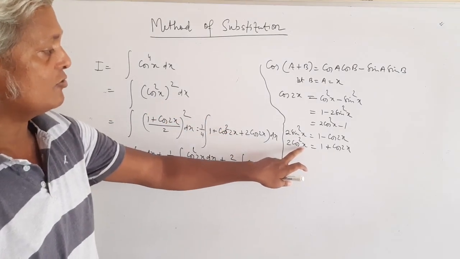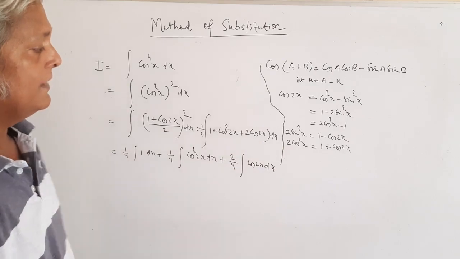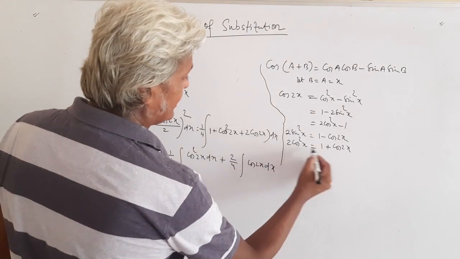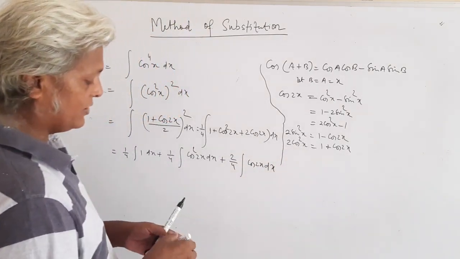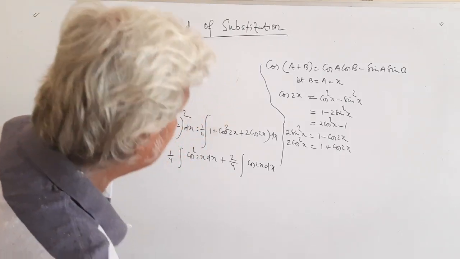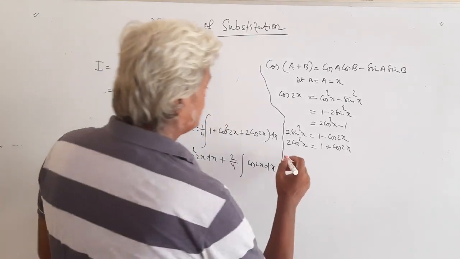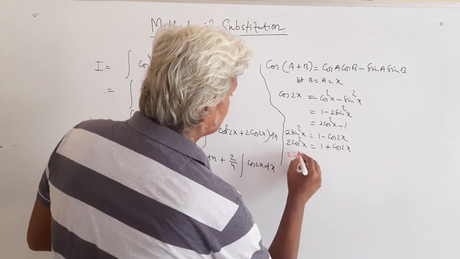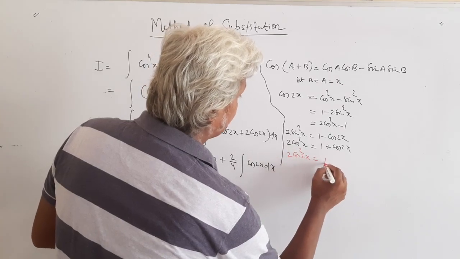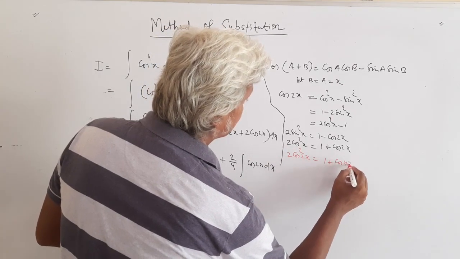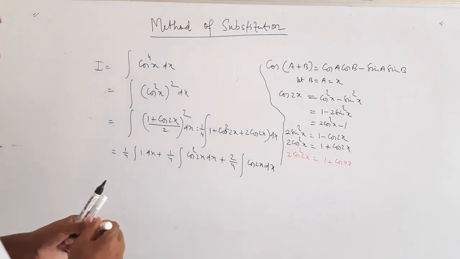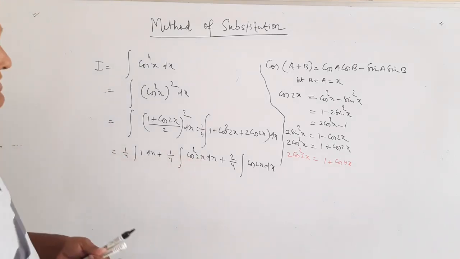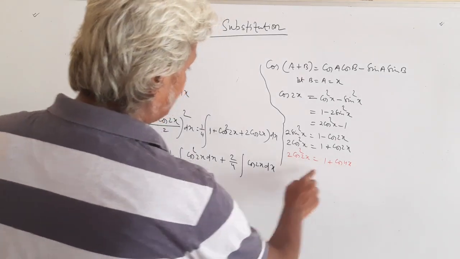So cos square 2x can be written as follows: in place of x, if I write 2x, this will become 4x. So 2 cos square 2x is 1 plus cos 4x. So in place of cos square 2x, we can write 1 plus cos 4x over 2.